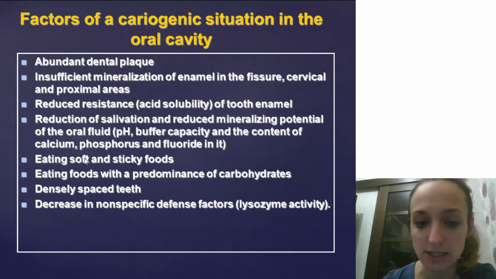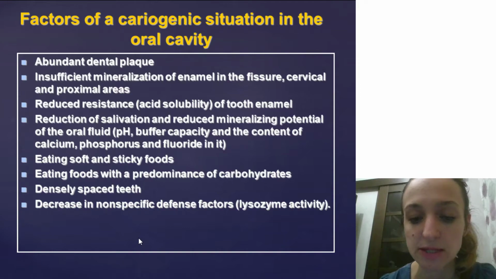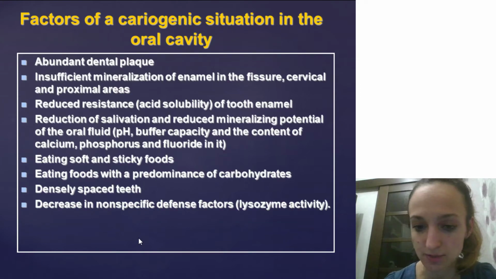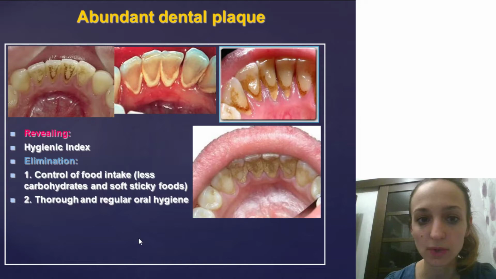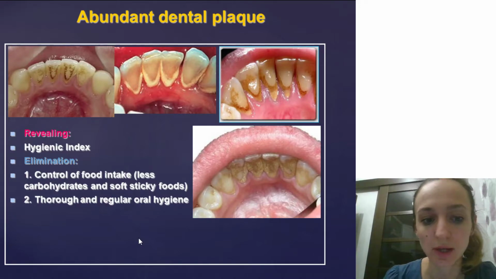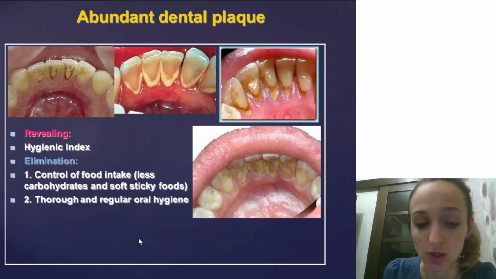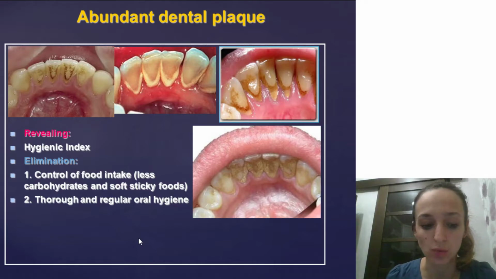Eating soft and sticky foods, eating foods with predominance of carbohydrates, densely spaced teeth, and decrease in non-specific defense factors. Abundant dental plaque is revealed by hygienic indexes and elimination. First, it is control of food intake and regular oral hygiene.